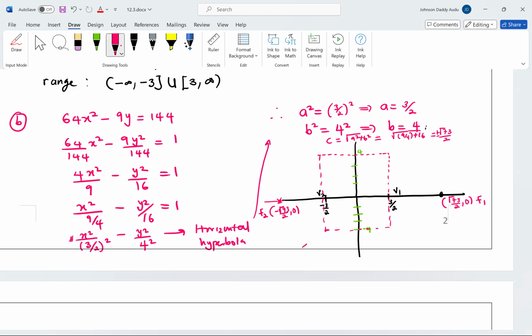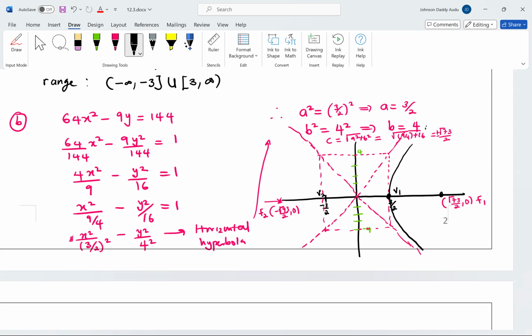Then you can draw just a line. You connect the corners as well. That line must pass through the center, right? Keep going. Then now let's draw the hyperbola. The hyperbola must cut through the vertex, so V1, so it's going to be something like this.